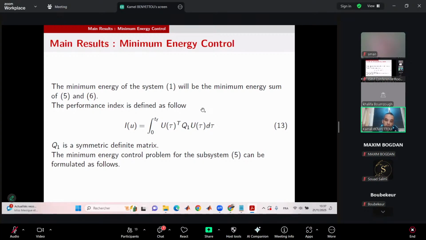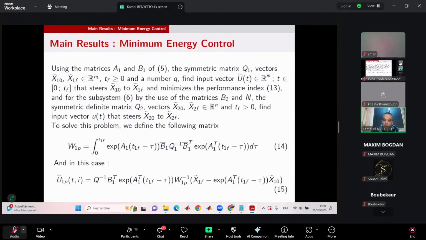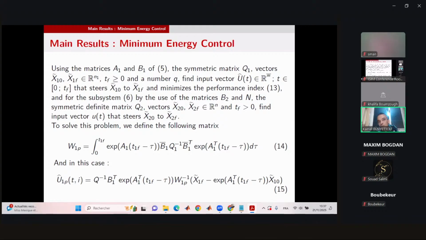Note that in this quadratic formula, Q1 is a symmetric definite matrix. We can formulate our problem for the following subsystem. I will use the idea of the sum of energy diffused by the system 5 and subsystem 6.